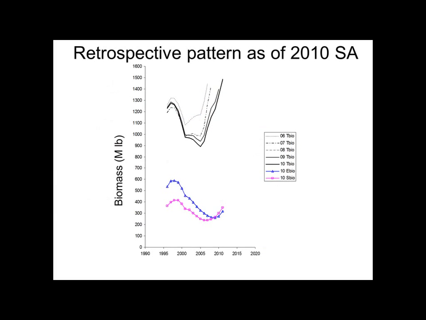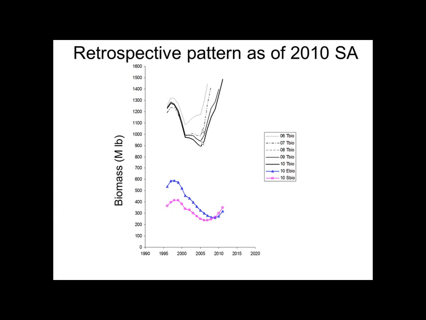So the pattern is not only affecting the estimates of exploitable biomass, in this case in blue triangles, and spawning biomass as pink squares, but it's also affecting the estimates of total biomass. So we can take any of these years, they also come down, and those updates can actually be downwards years down the road.